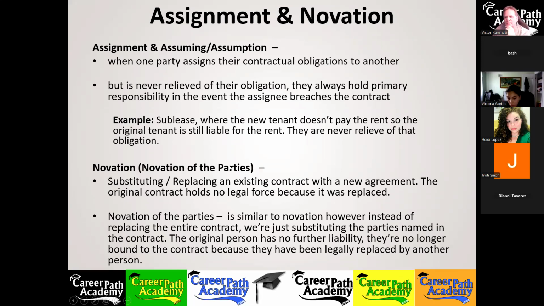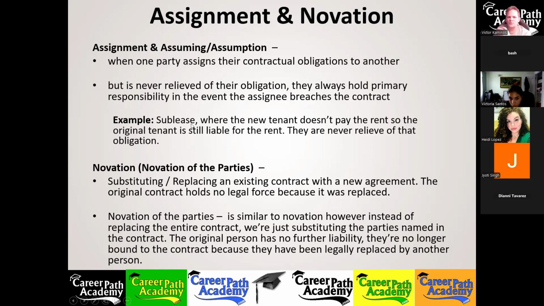Assuming a contract means you're taking over someone's duties of that contract. When one party assigns their contractual obligations to someone else to take them over, but is never relieved of their obligation, they always hold primary responsibility in the event the assignee breaches the contract.